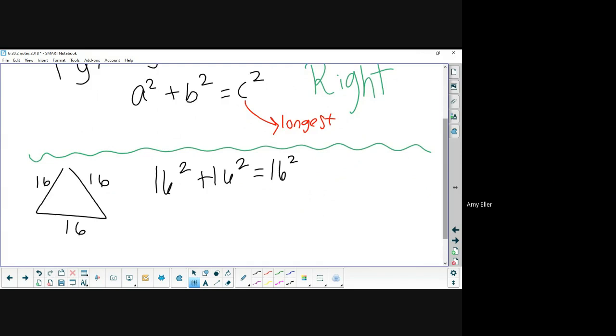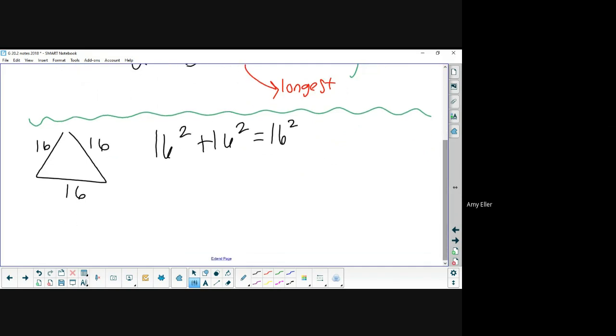Please, in your calculator, type 16 squared plus 16 squared. I get 512.